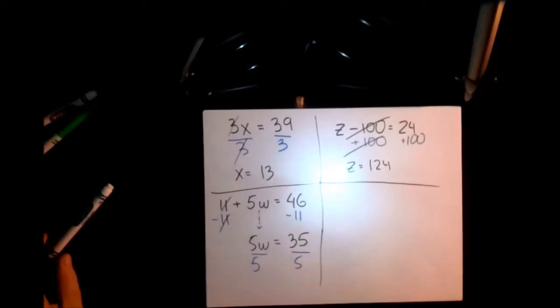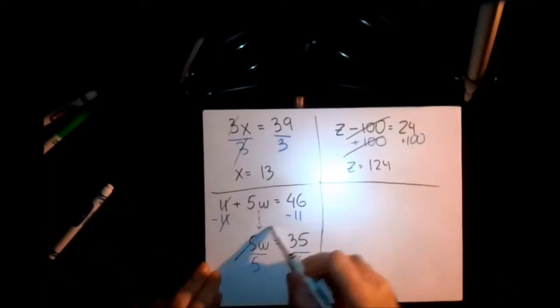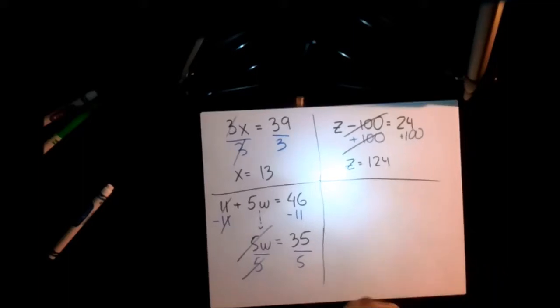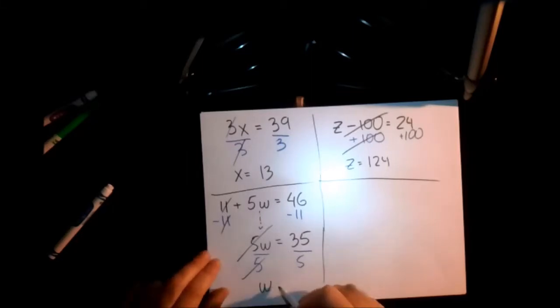So of course on the left side, 5 divided by 5, that's gone. It's not gone, it's a 1. But 1 times anything, the identity property, we ignore it. So then we have W on the left side, and what's 35 divided by 5? I just told you the answer, 7.